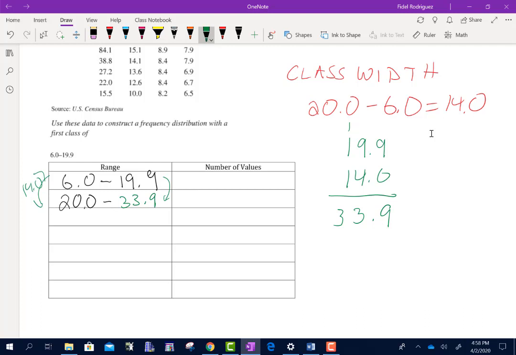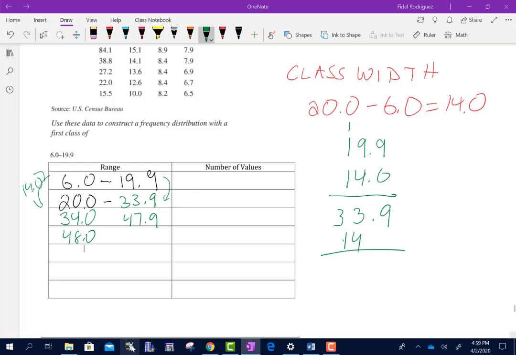If I add another 14 here, that'll give me 34.0. If I add another 14 there, let's see, add 14, that should be 47.9. Okay. If I add another 14 here, so 34 plus 14 should give me 48. You know what, I'm going to just use my calculator here.